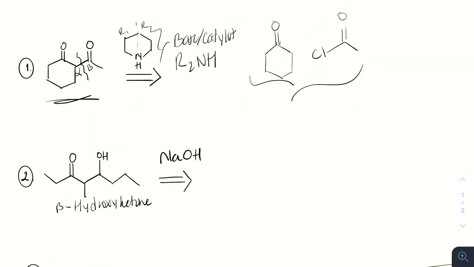Okay, so for this next one, I know that I'm doing a retro aldol, and that's because I have this beta hydroxy ketone. So I have alpha, beta. At the beta, I have this hydroxy group, and then I have a ketone. That's why it's called a beta hydroxy ketone.